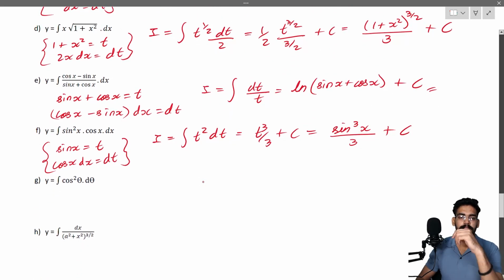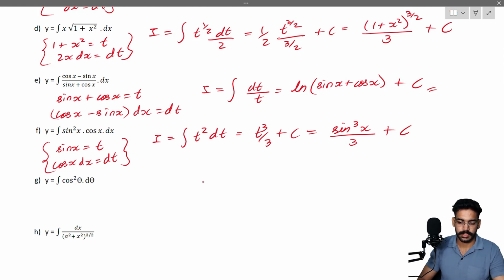Next integration, cos square theta d theta. So how to do this integration, cos square theta d theta? First, you have to resolve this into cos 2 theta. See, now here outside you don't have anything available, right? So what you will do, you will reduce the power of this function.